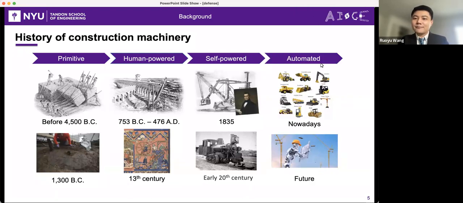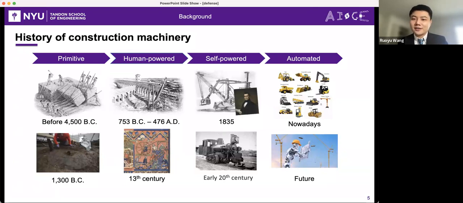Nowadays, we have many kinds of automated construction machinery, such as excavators, tower cranes, and mobile cranes. With the development of AI technologies, we can imagine that in the future we will have more intelligent machinery, which we can also call construction robotics.